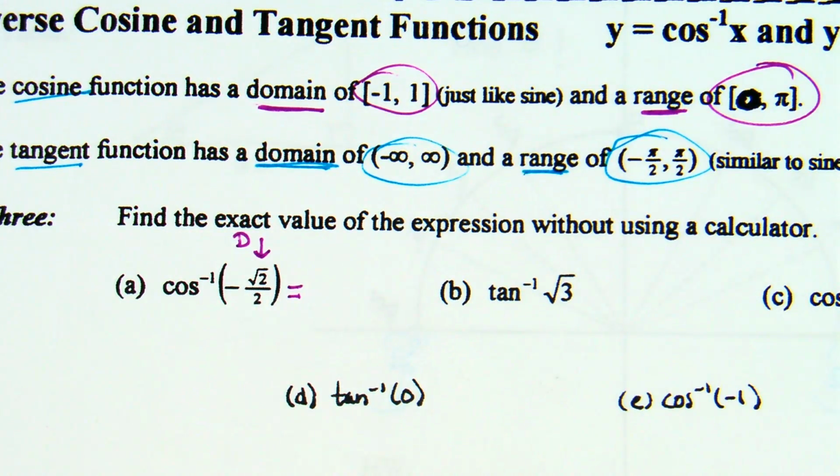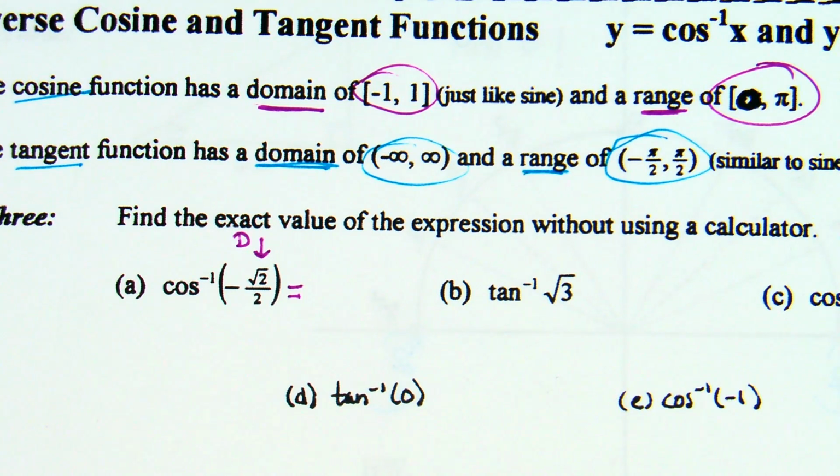Pi over 4, yes? So if we were just asked, what is the cosine inverse of square root of 2 over 2, you're going to say pi over 4. Now, it says negative square root of 2 over 2. Think carefully about what quadrants you're allowed to answer this in. Cosine is a 0 to pi option, right? So can I just say that, well, since it was pi over 4, now it's negative pi over 4?